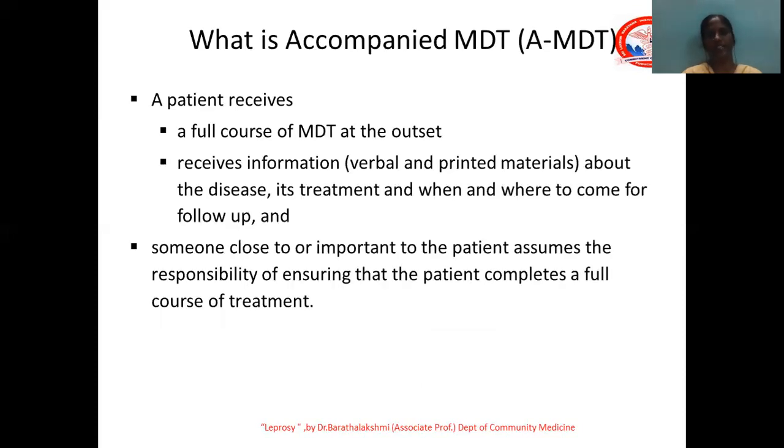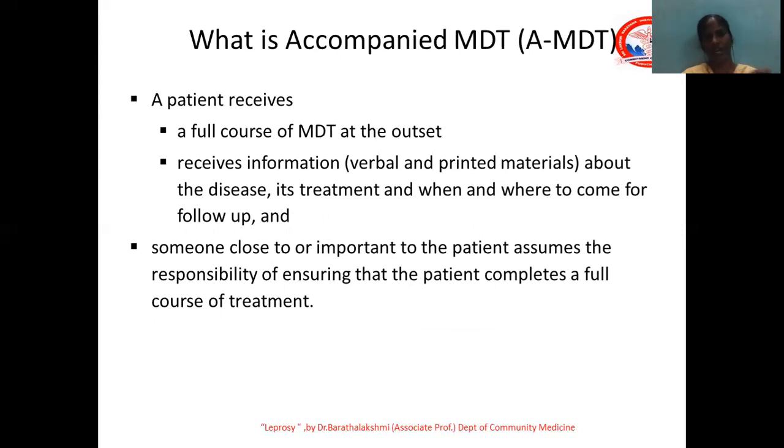Now, accompanied multi-drug therapy. Multi-drug therapy is using more than one drug for a disease. What is accompanied multi-drug therapy? These are the components. A full course of MDT at the outset: if you diagnose a patient, a complete 6-month course will be given to the center, but the patient will be given the drug for 1 month.